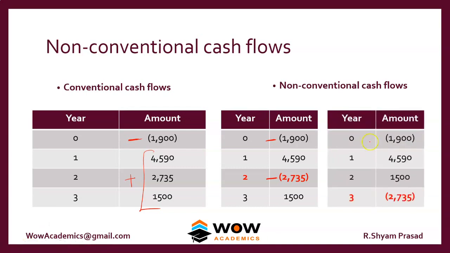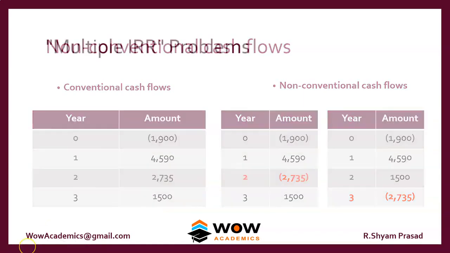Here in the 0th year the cash goes out, and also in the 3rd year the cash goes out. So conventional is only once the cash flow goes out, and that's in the 0th year. But in non-conventional, apart from the 0th year, in some other year also the cash goes out. So that's about non-conventional cash flows.